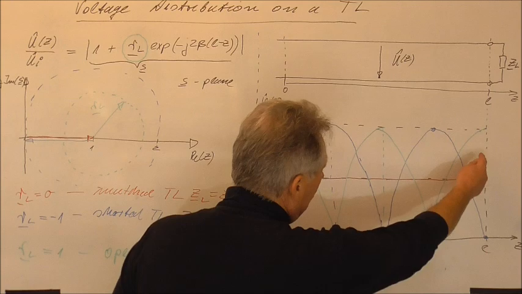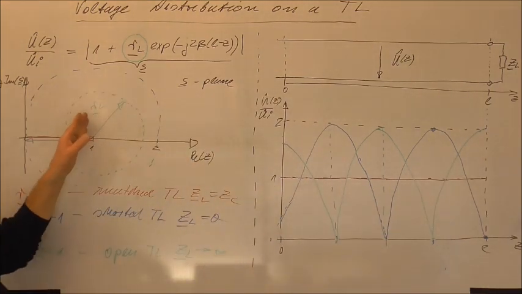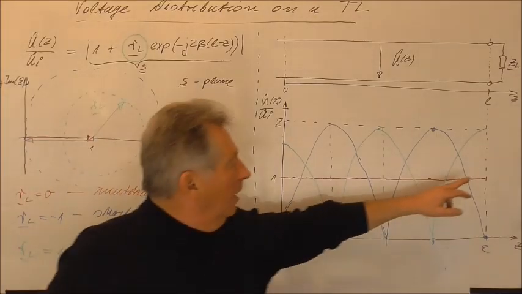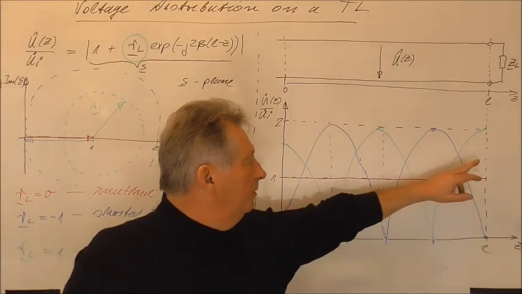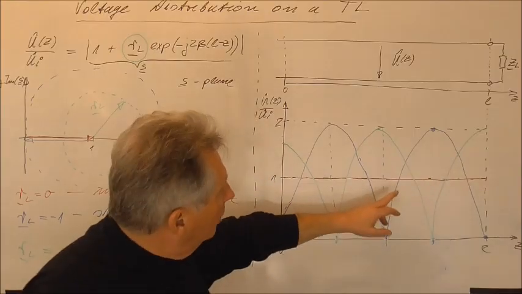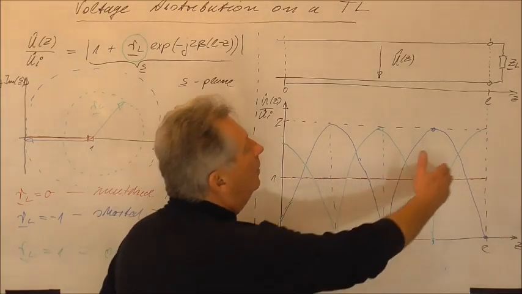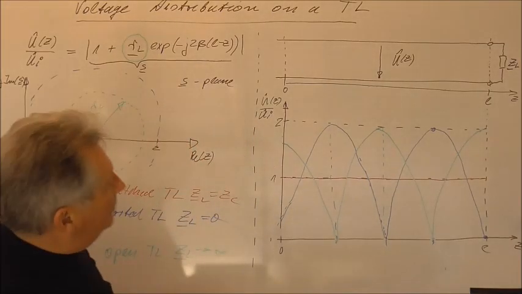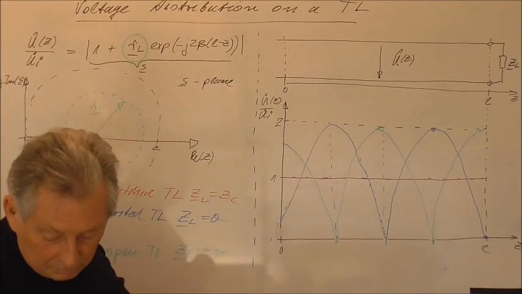So in between, if the absolute value of R is smaller than 1, then you will have a certain voltage distribution. You will have a maximum voltage, and sometimes you will have a minimum voltage. And where the maximum and the minimum lie depends on the phase of the reflection coefficient.